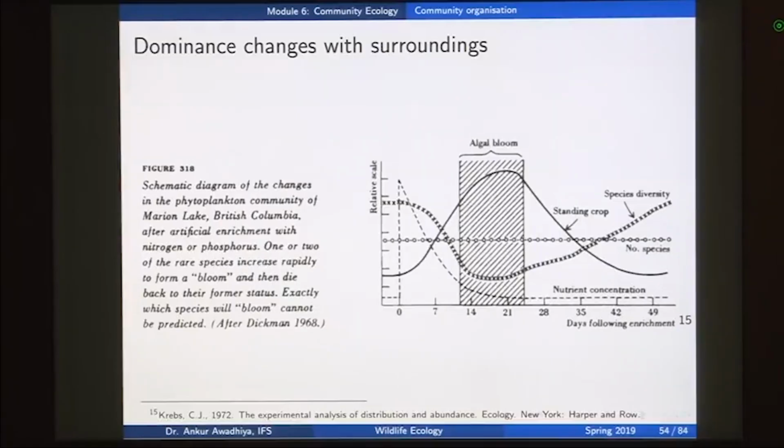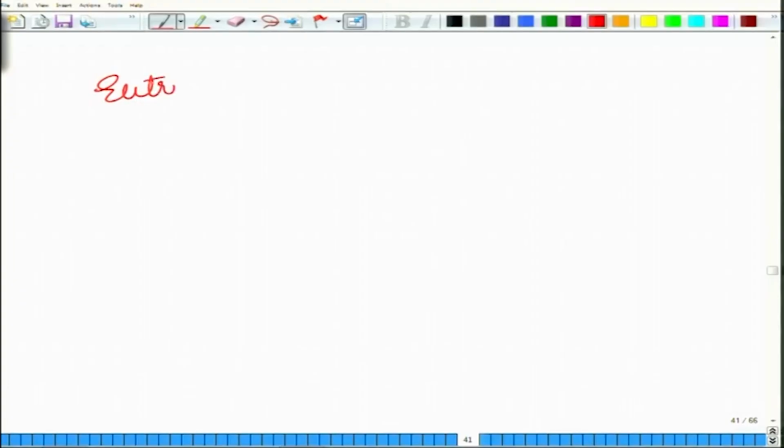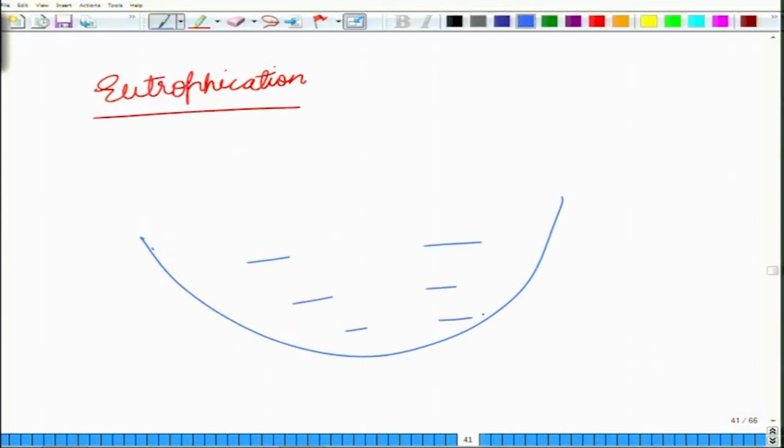Now, what was done in this case was that we have already talked about eutrophication. In the case of eutrophication, we have a situation in which you have a water body, and in this water body there is some discharge of nutrients into it. So, suppose you add N, P and K inside, so nitrogen, phosphorus and potassium.